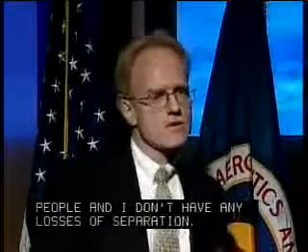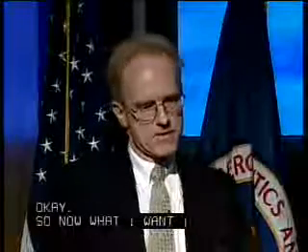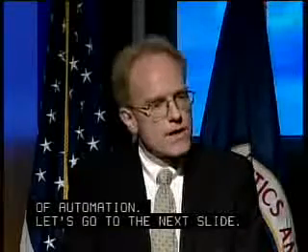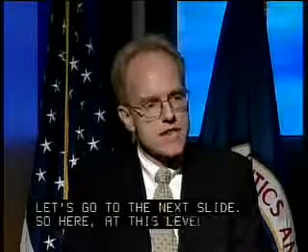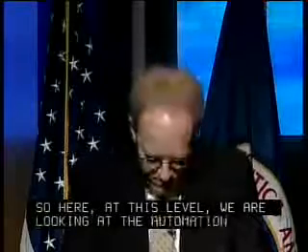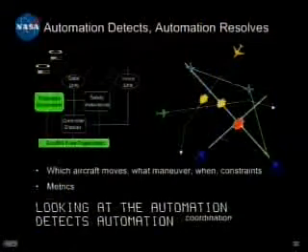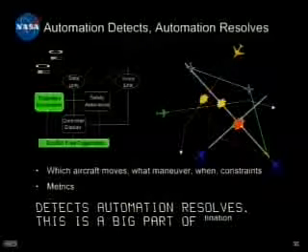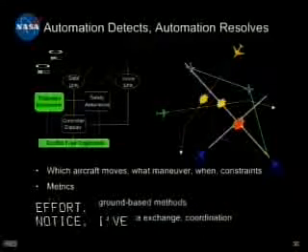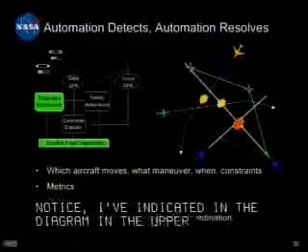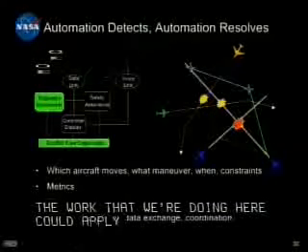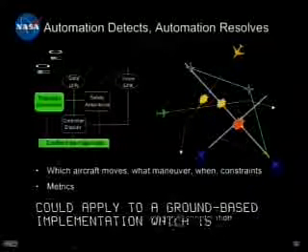Okay, so now what I want to do is look at a higher level of automation. Go to the next slide. So here at this level we are looking at the automation detects, automation resolves, and this is a big part of our effort. Notice I've indicated in the diagram in the upper left that the work that we're doing here could apply to a ground-based implementation, which is implemented via data link, or it could also apply to an airborne-based implementation.